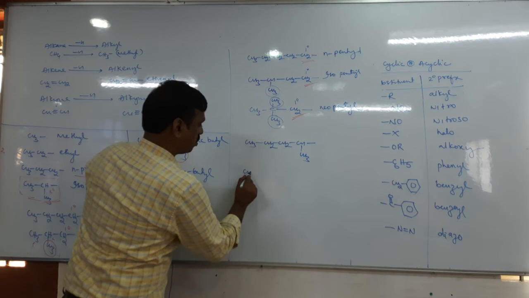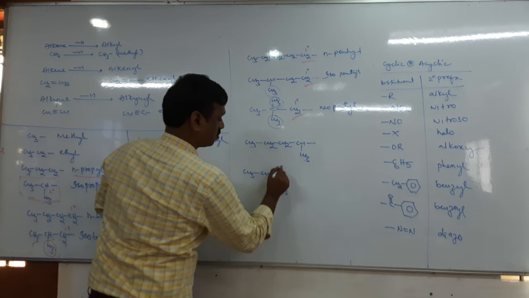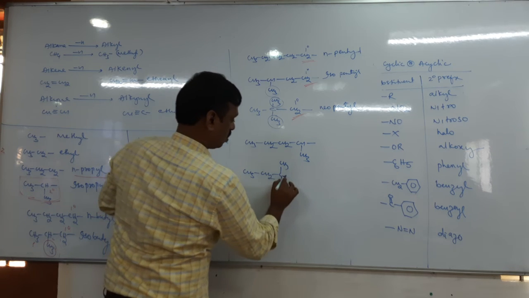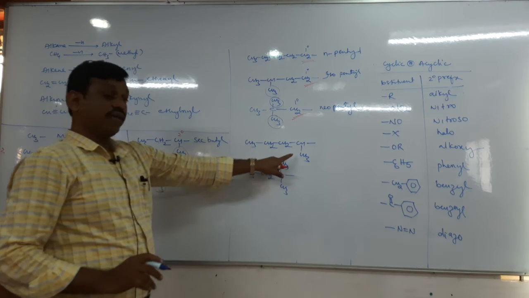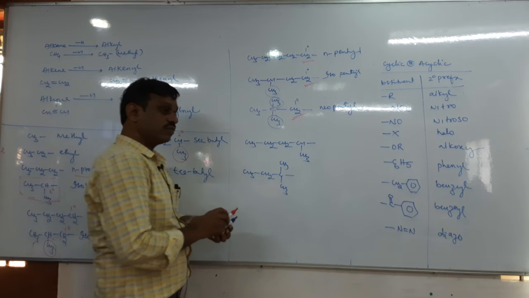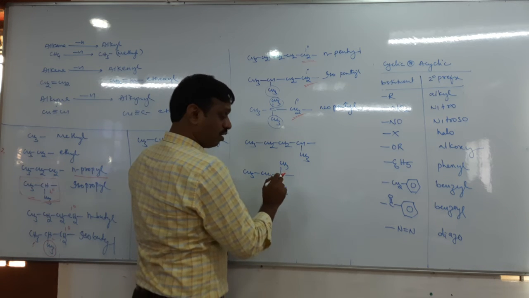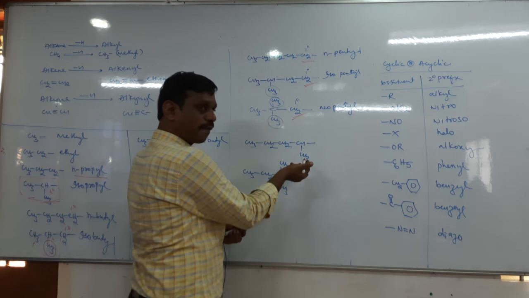Then next, if it is CH3, CH2, CH, CH3. This is one. There is one branching. Tell me now, can I take it as iso? No. Why? Why can it not be taken as iso? One branching is there.